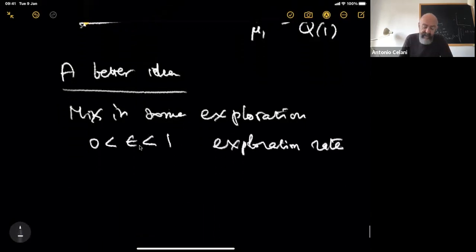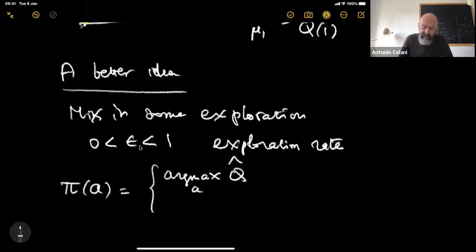And let's say that our policy now, at every time, is the argmax of my estimate Q_t with probability 1 minus epsilon.